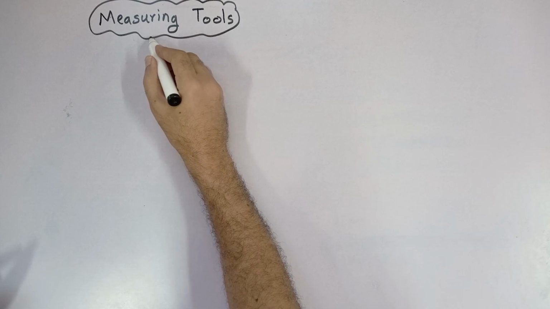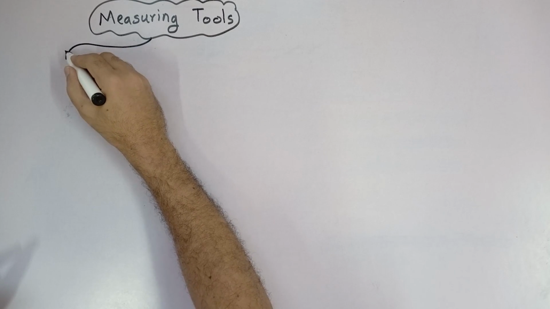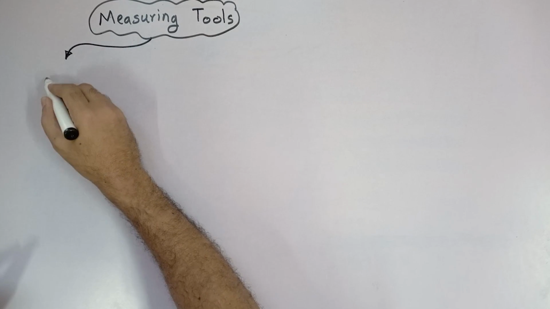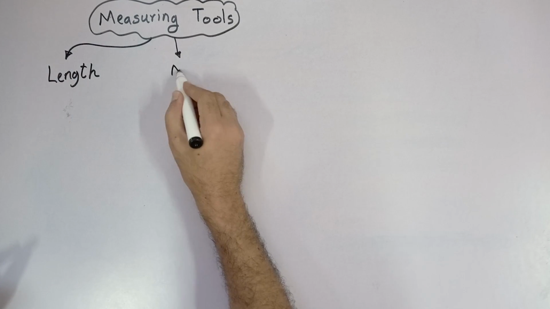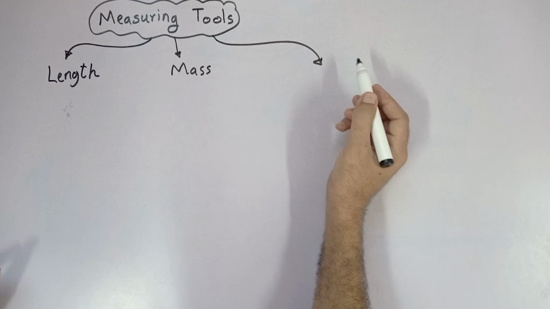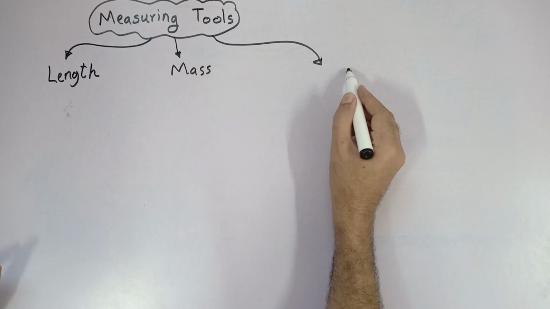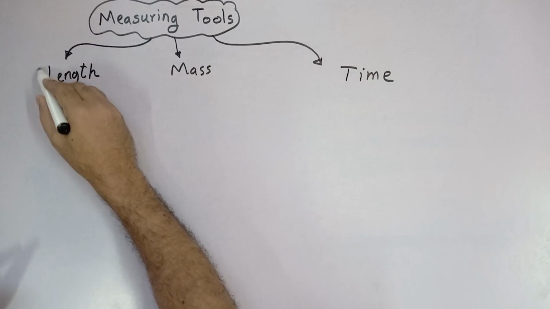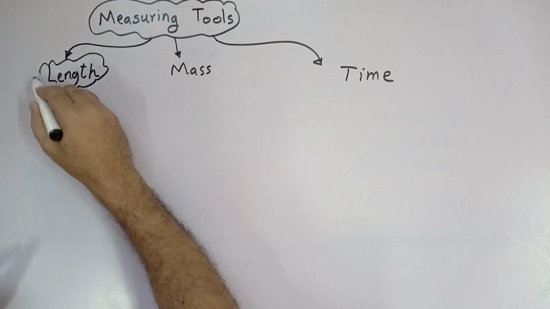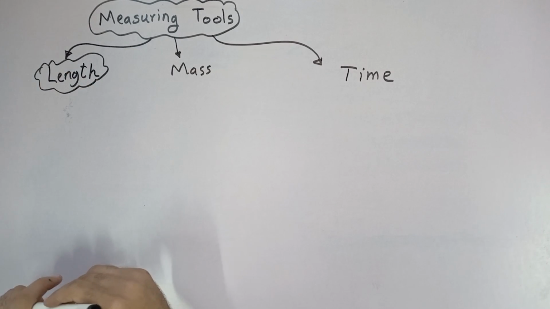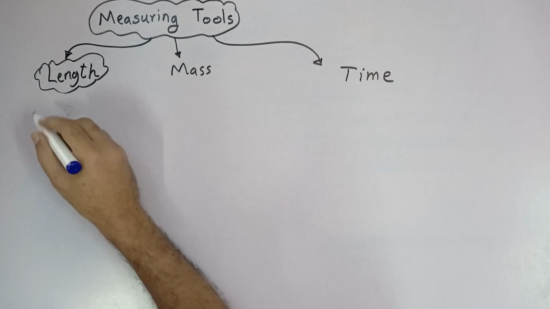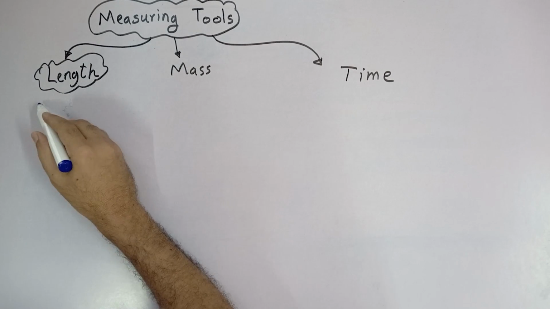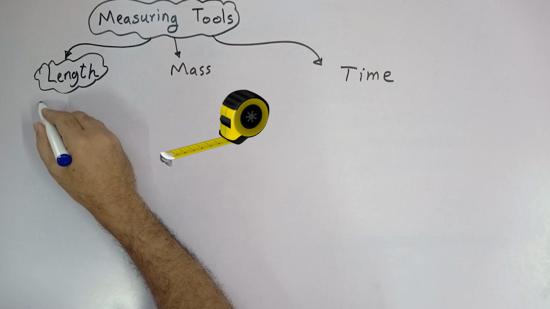So the first step to measure any physical quantity is to choose the suitable measuring tool. We are going to know the tools to measure length, mass, and time. First, I think you know how to measure length easily. If you want to measure a long distance, you have to use a meter tape.